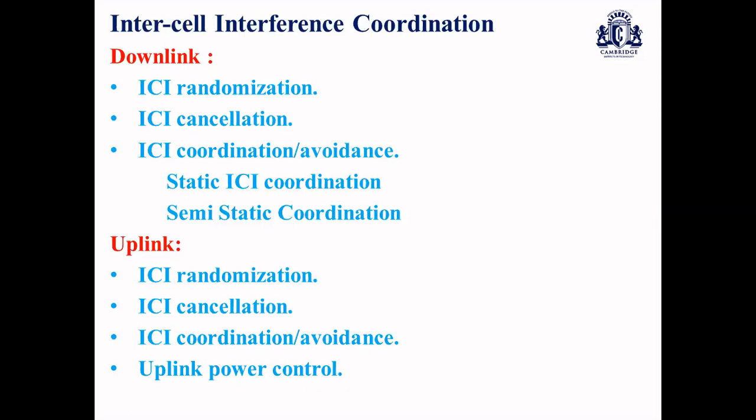In uplink power control, power control is an efficient way to mitigate inter-cell interference. Fractional power control is used, so ICI coordination for fractional frequency reuse is also a very important factor.